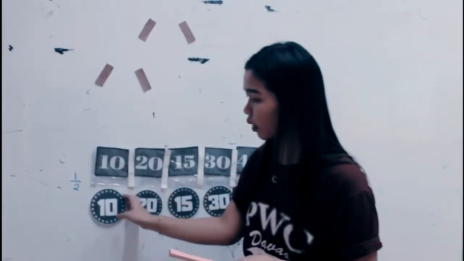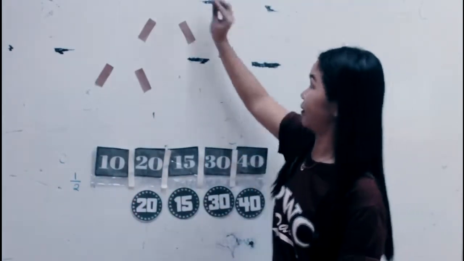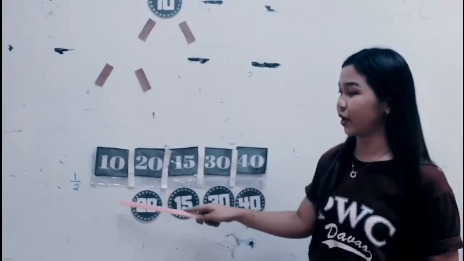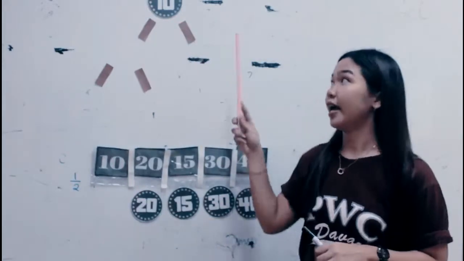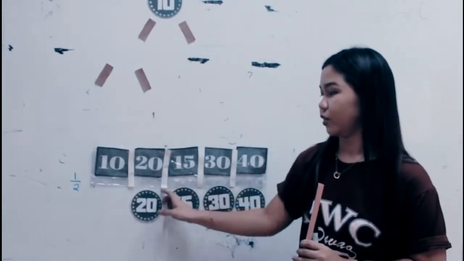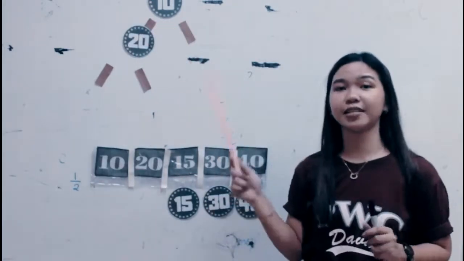The first element will be 10, and 10 will be considered our root node since it is the first in the array. So 10 is removed here and put in the binary tree. The next element will be 20, and 20 will be the left child of the parent node 10.